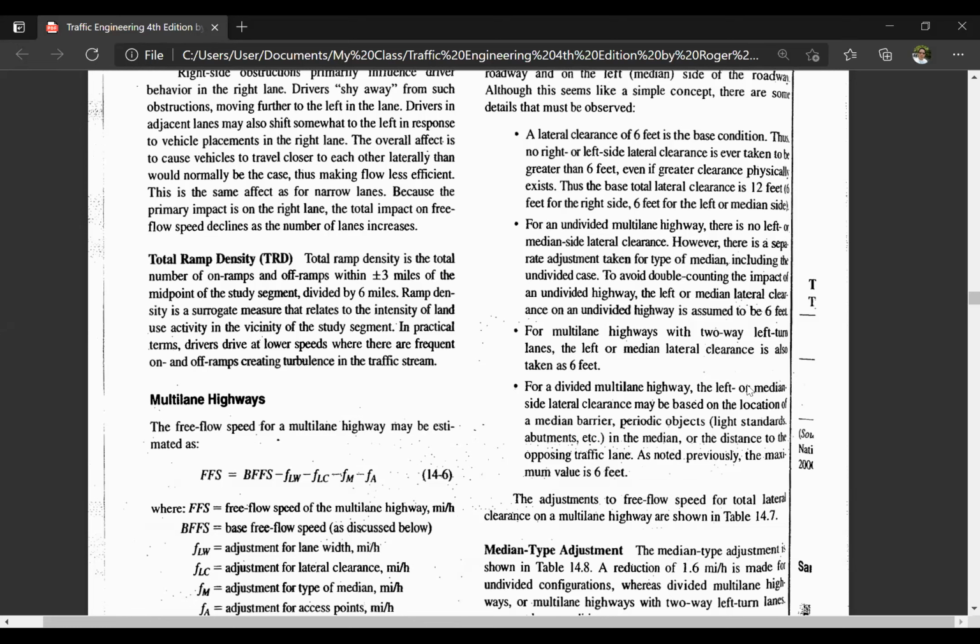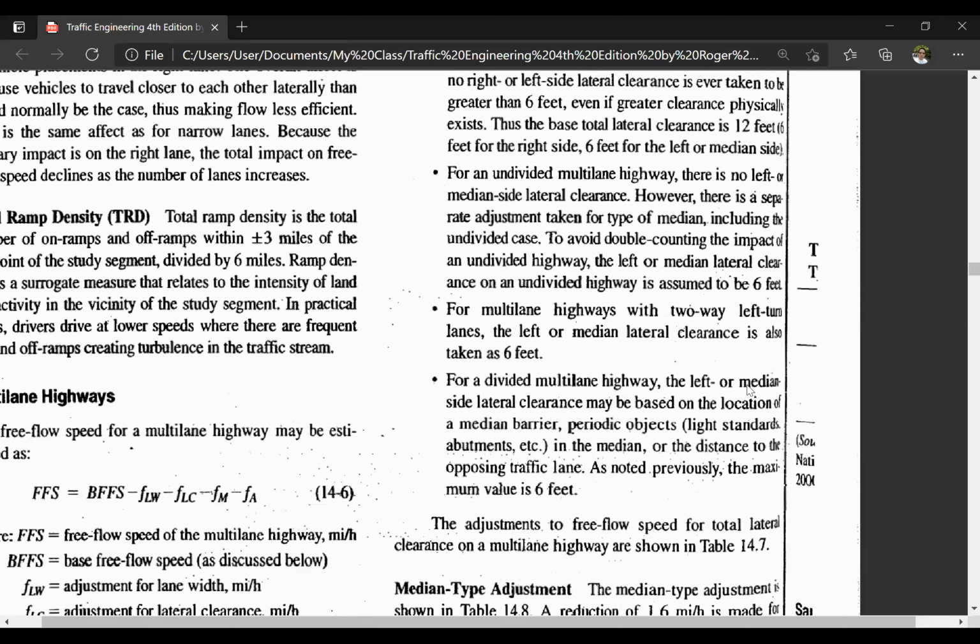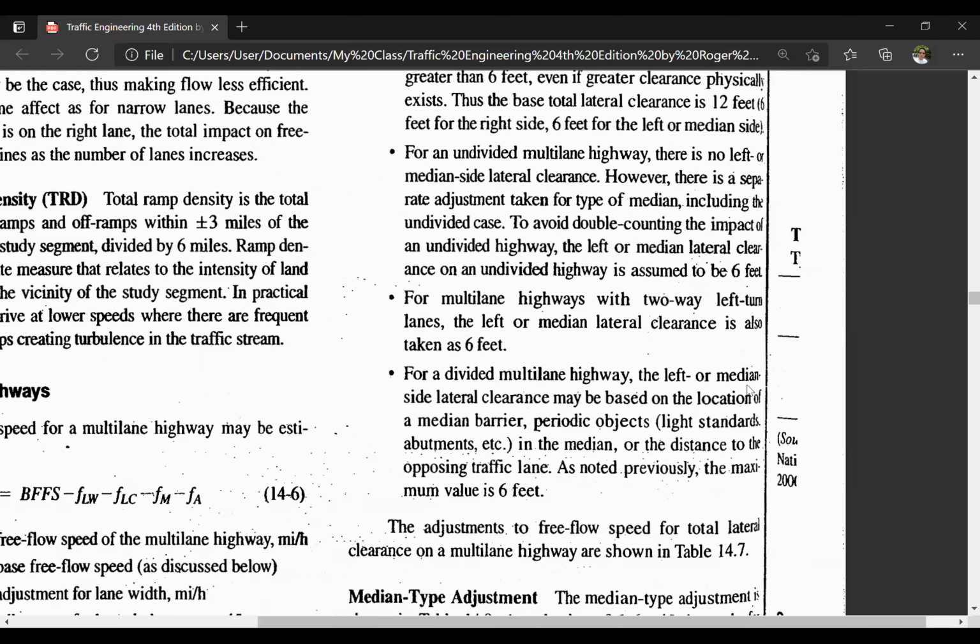Okay, next, for multi-lane highways with a 2-lane left turn lane, the left or median lateral clearance is also taken as 6 feet.